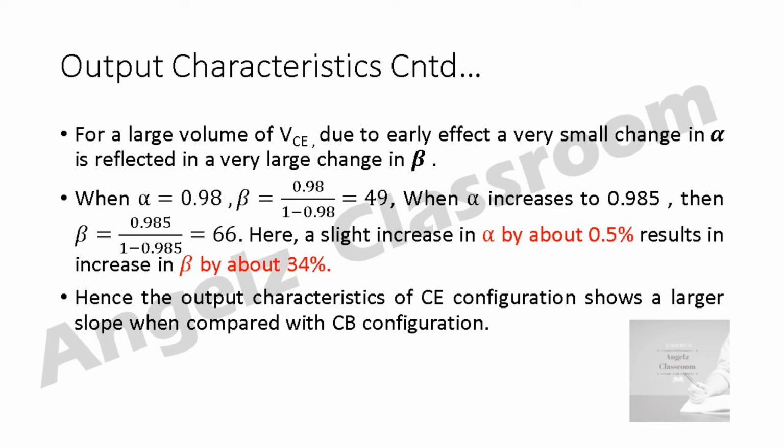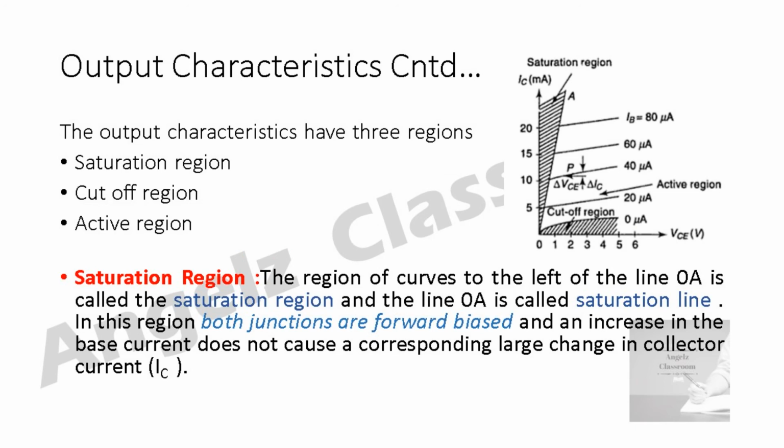When I increase this alpha value slightly, that is 0.985, then beta will be equal to 0.985 divided by 1 minus 0.985. So by slightly increasing alpha by about 0.5 percent, it causes an increase in beta value of about 34 percent.